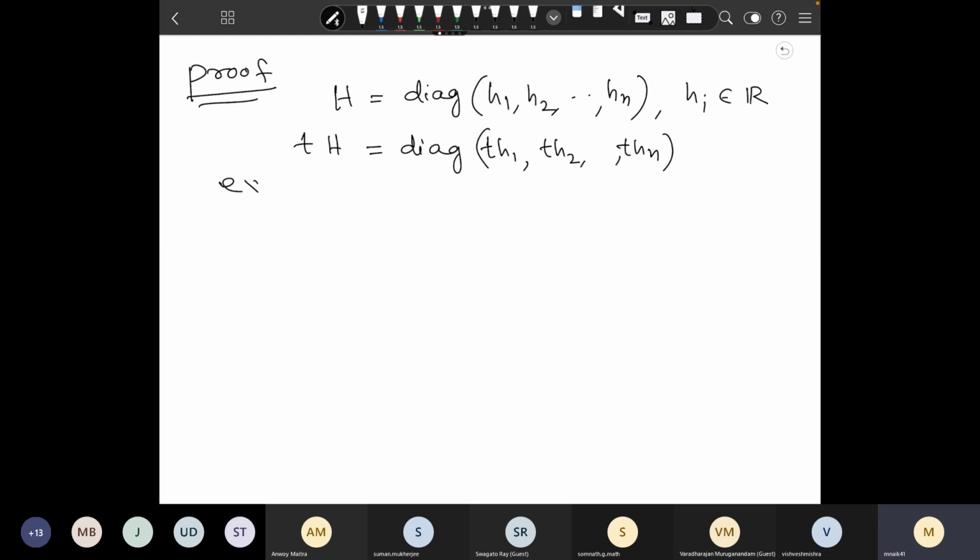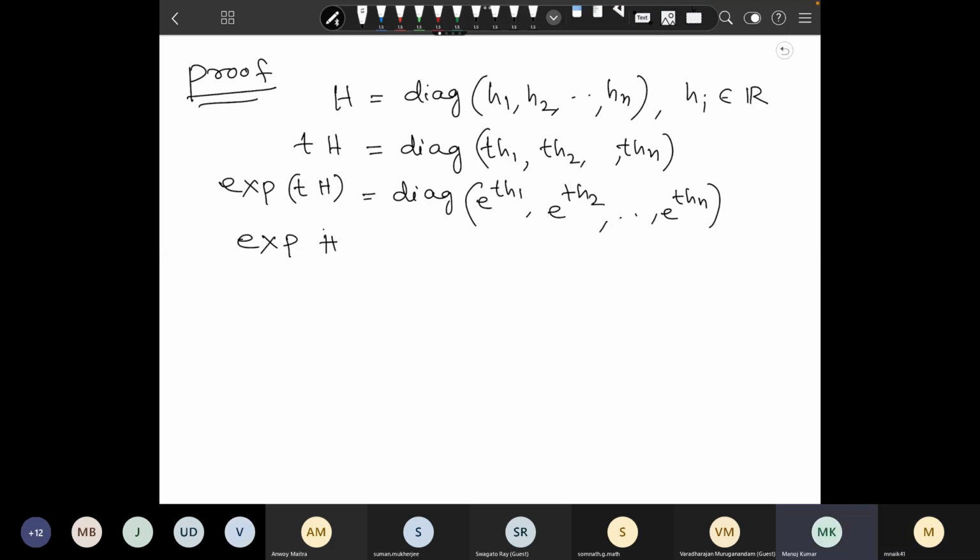So what will be exponential of tH? Simply this will be diagonal of (e to the power th1, e to the power th2, ..., e to the power thn). So what is the hypothesis? The hypothesis is that exponential of H belongs to G.